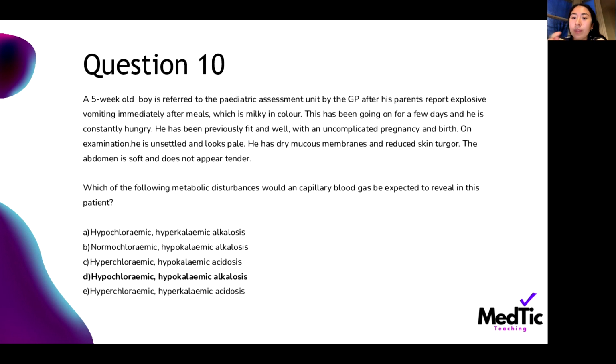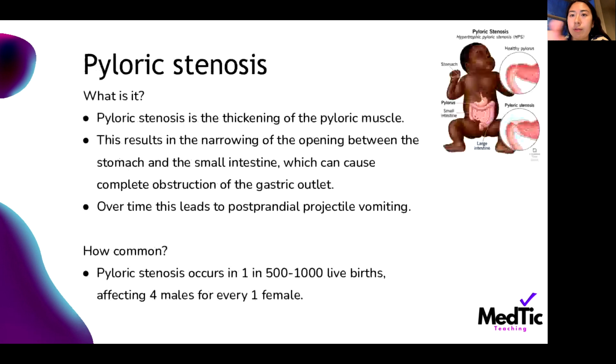So this would be a few days along, this kind of finding. Initially, you would probably get the hypochloremic bit. The hypokalemic bit also suggests it's been going on for a few days, because it's now starting to impact the kidneys. So well done for getting the answer right.